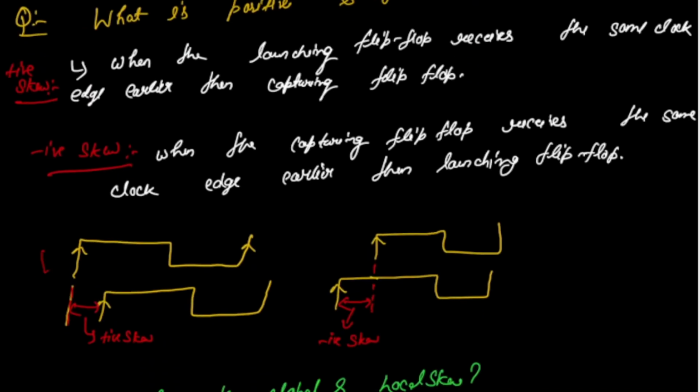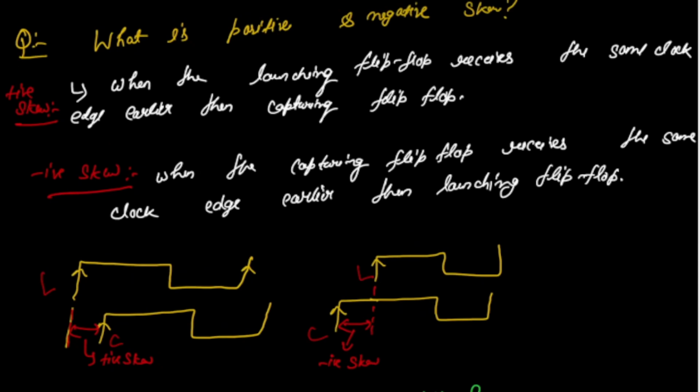In positive skew, the launch clock comes early, then the capture edge comes. In negative skew, the capture clock comes earlier than the launch clock. So this is the basic definition of positive and negative clock skew. You can explain it to the interviewer with a diagram. He will get a better idea.